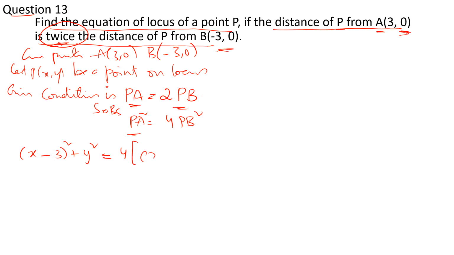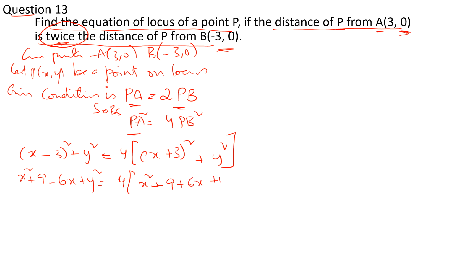So (x plus 3) whole square plus y square. Okay, so x square plus 9 minus 6x plus y square is equals to 4 times (x square plus 9 plus 6x plus y square).